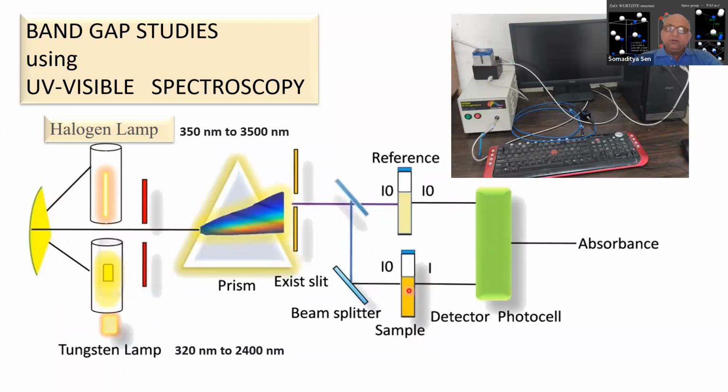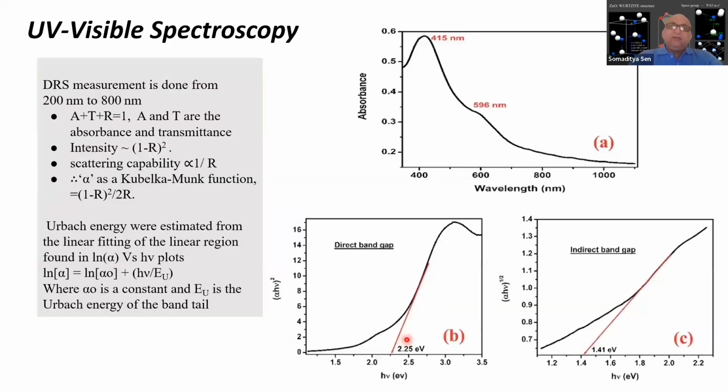So we need to change our setup, and we use diffuse reflection spectroscopy, where we take into account that the absorption coefficient plus the transmission coefficient plus the reflection coefficient should be equal to 1, because those are the only three possibilities that can happen. If it is opaque, then the transmission will be less, and we can say that the intensity of absorption will be proportional to (1 minus R) whole squared, and the scattering capability will be 1 by R.